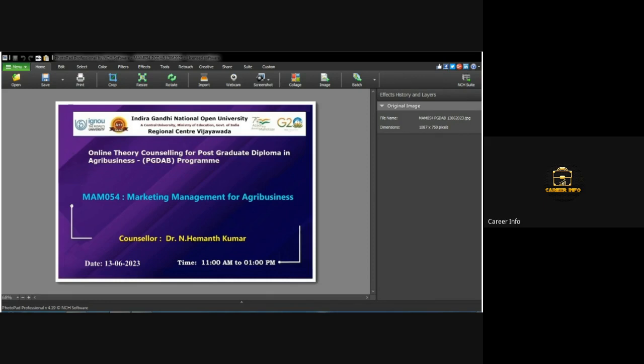So see, influence of macro environmental forces in the agricultural marketing system. What kind of influence do these environmental forces have? Two environmental forces, that is micro environmental forces and macro environmental forces, are going to influence the agricultural marketing system. And how is it happening? See, the firm's micro environment consists of six forces that affect the ability to serve its customers. First one, the firm, and second one is suppliers.